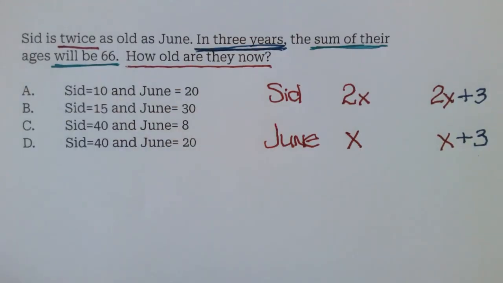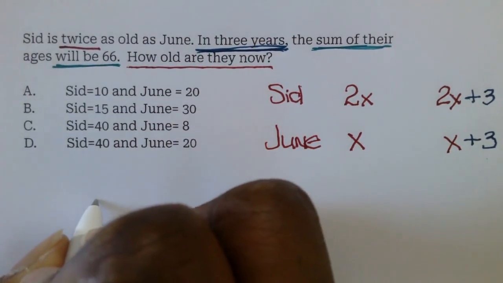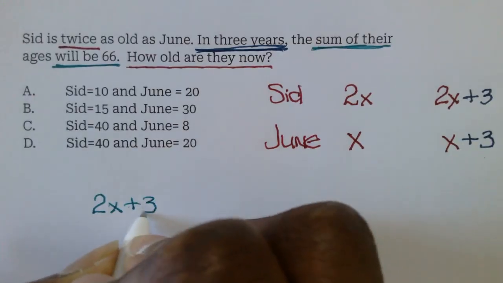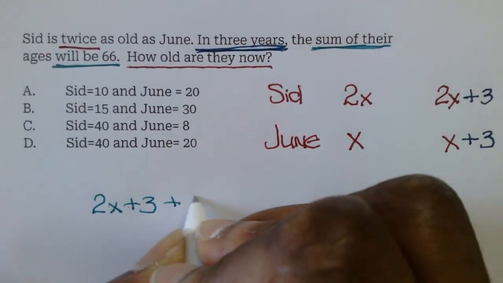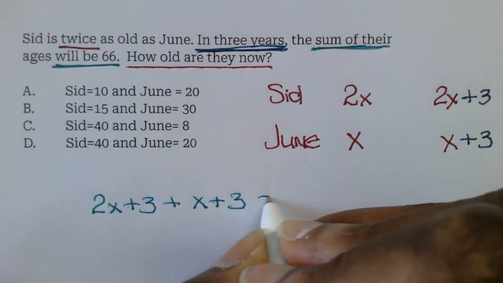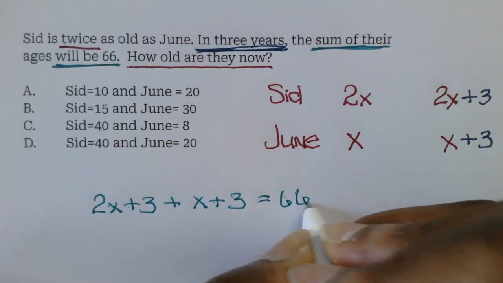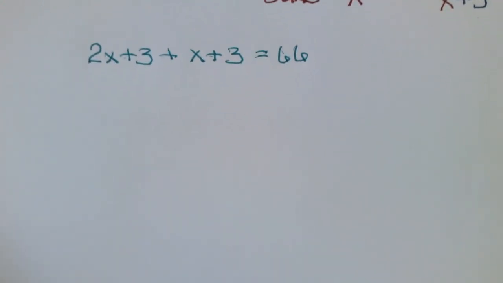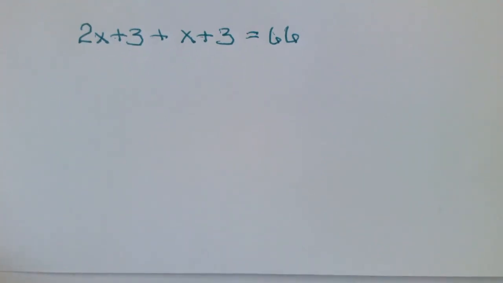Okay, so that means we have our 2x plus 3 plus our x plus 3 is going to equal 66. So this is how you set it up.